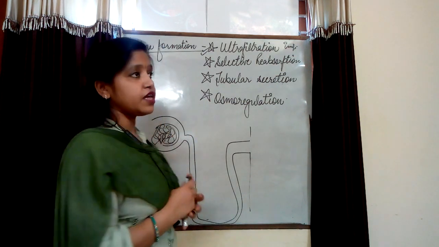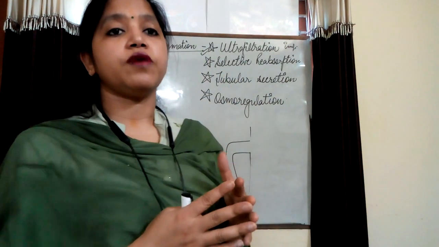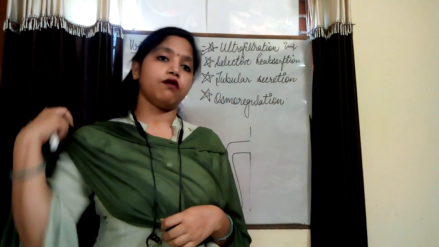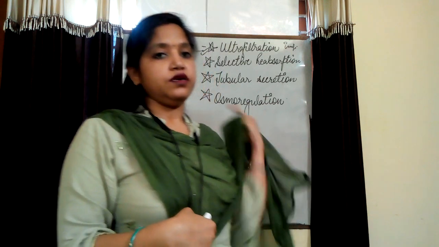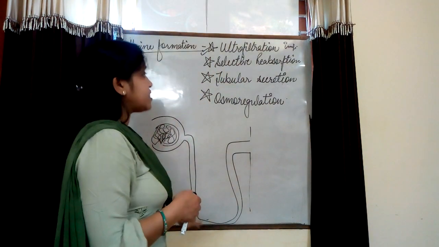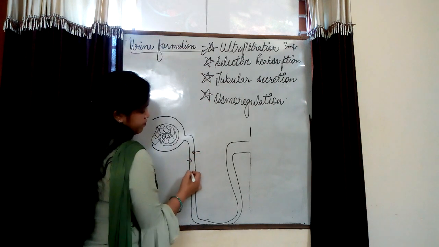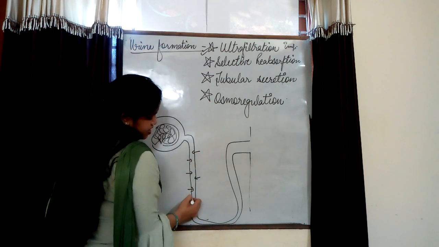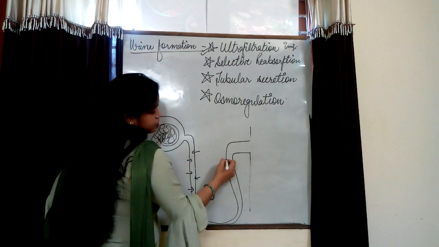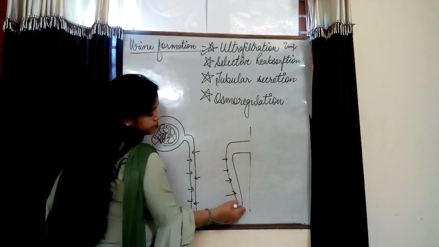Next is selective reabsorption. The essential salts and the large amount of water have to go back inside the body or inside the blood, right? So how does that take place? The walls of the nephron, the walls of PCT and DCT, do the function of reabsorption.